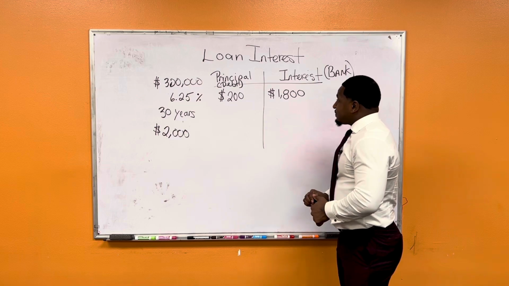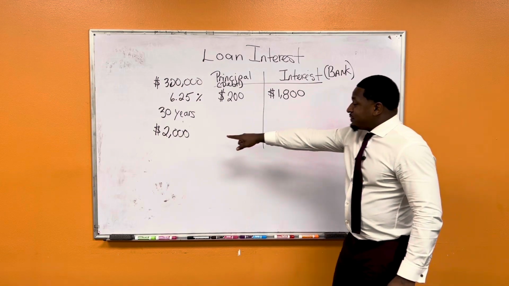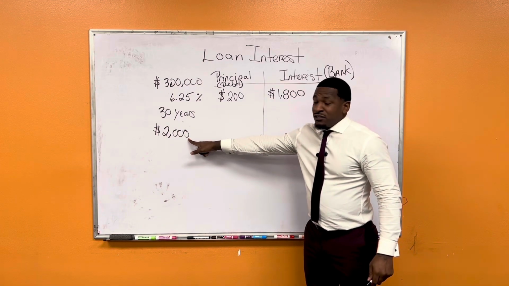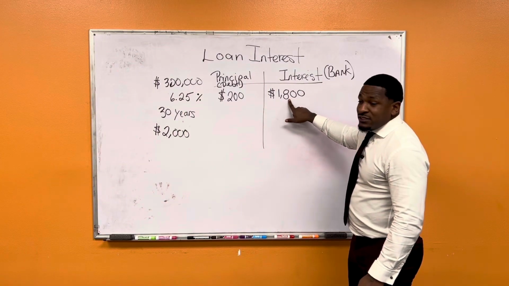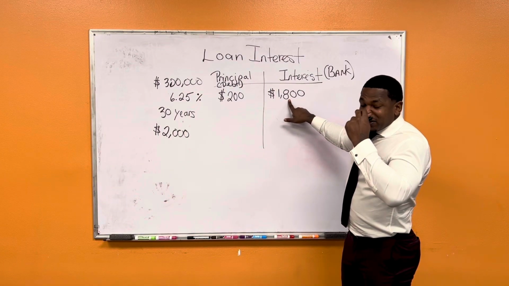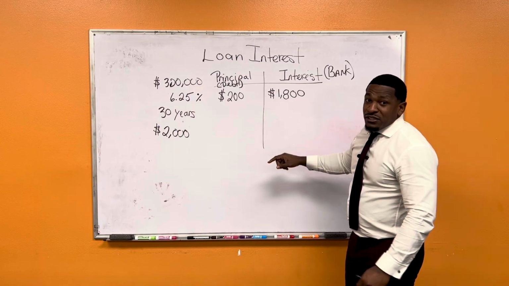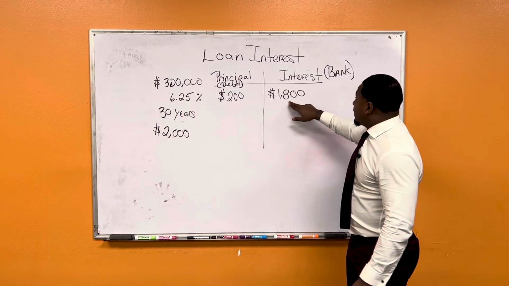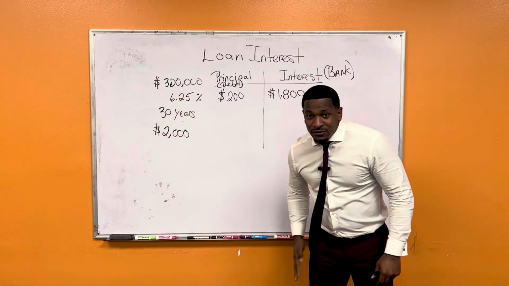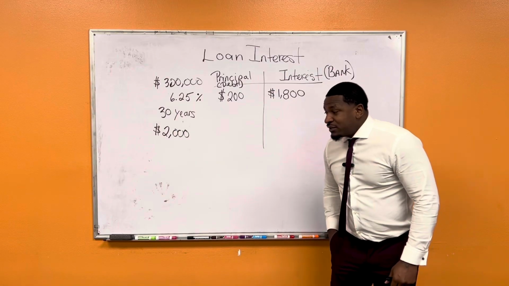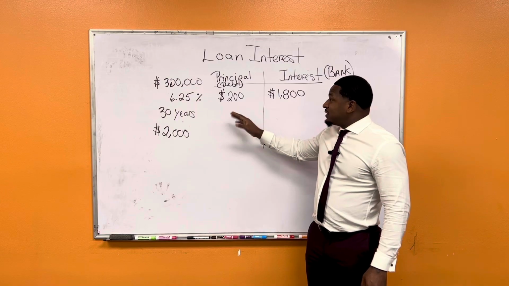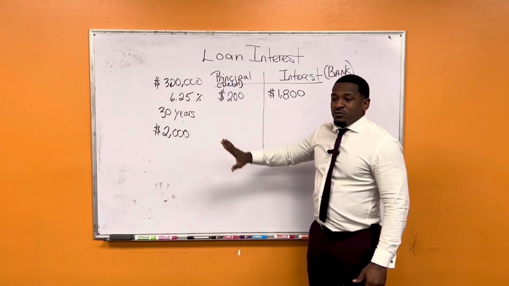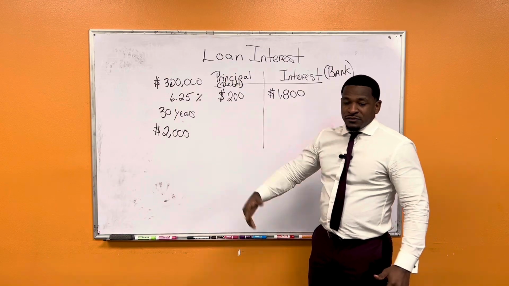So out of this $2,000 mortgage payment, $1,800, the whole $1,800 is going in the bank's pocket. You put it in their pocket, and the $200 is going to what you borrowed originally.